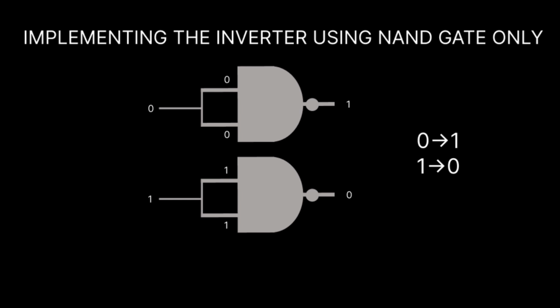Essentially our NAND gate has now become an inverter, and we can make other gates like the AND or OR also using the NAND gate or the NOR gate. We'll see more of this once we go through Boolean algebra, once we know how to simplify and design some of these logic expressions. It would make much more sense.